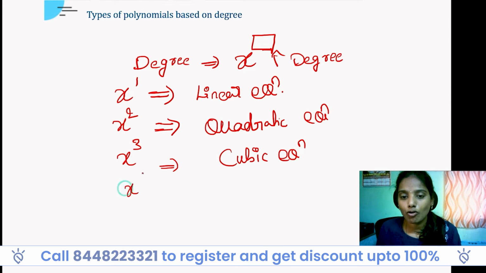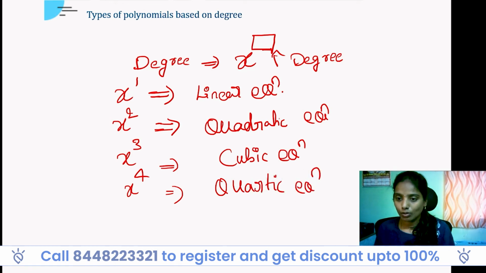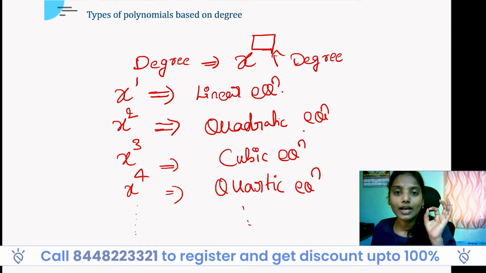If it has 4, we will call it a biquadratic equation. And so on. So the polynomials are classified and named linear equation, quadratic equation, cubic equation, and so on, with the help of the degree. Whatever the degree is, the name changes.